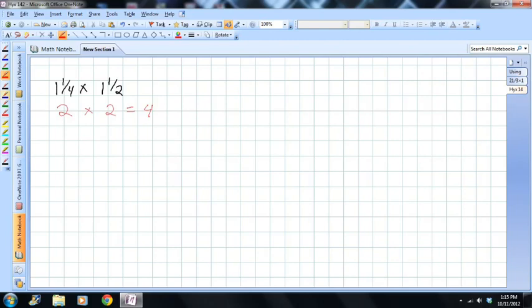Now each rectangle is actually going to have to be 4 units tall and 2 units wide. So let's look at our rectangles. We need 4 of them. Each one needs to be 4 units tall and 2 units wide.